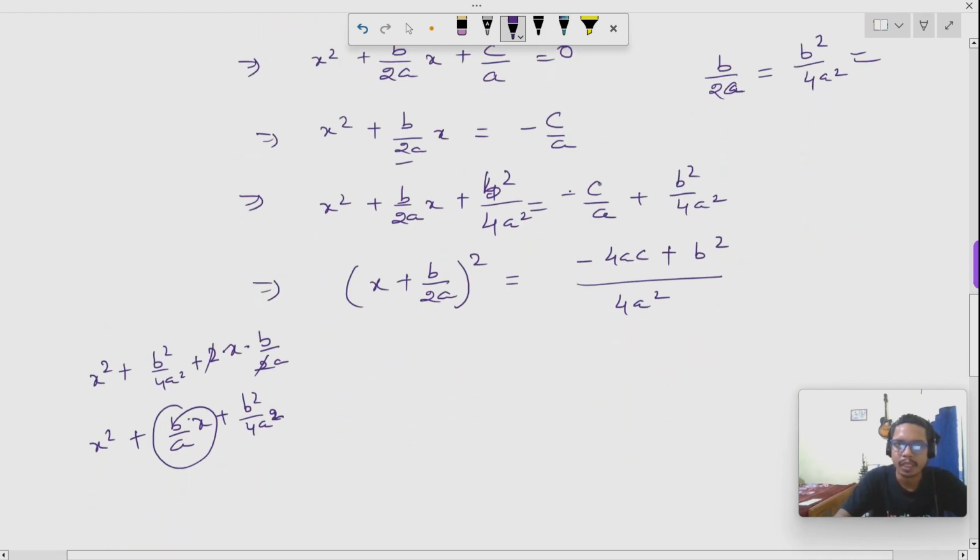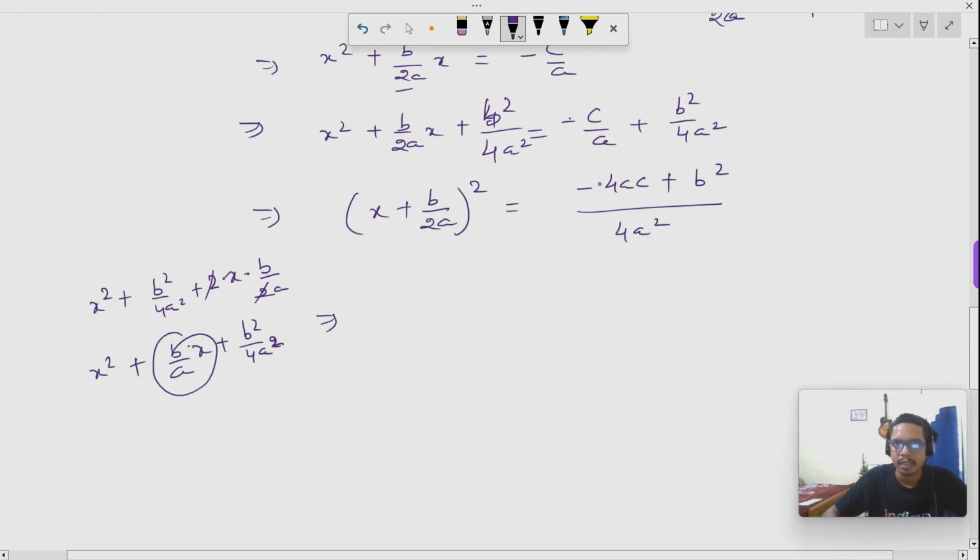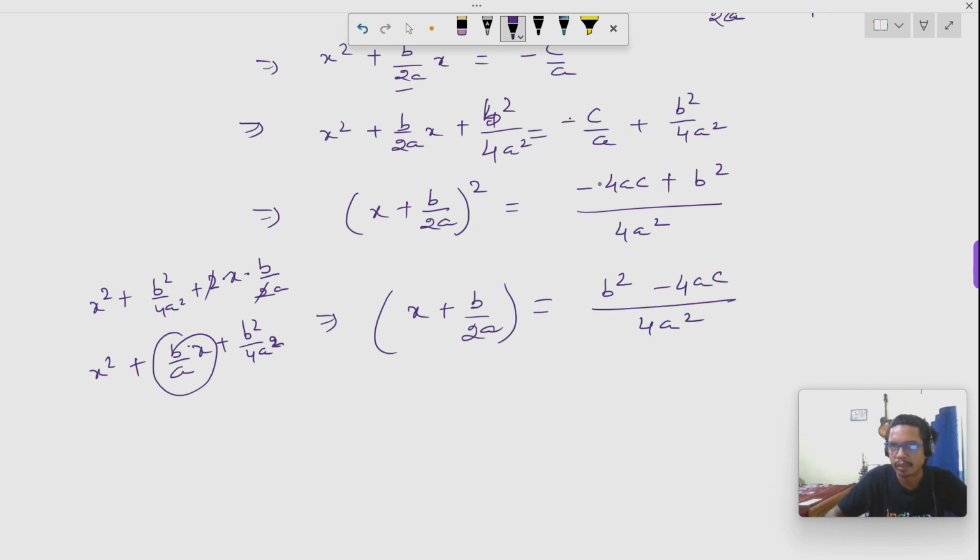Okay. So in the very next step, this whole term could be written in a more simplified way as b square minus 4ac over 4a square.